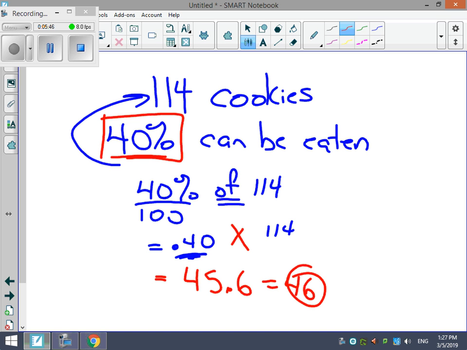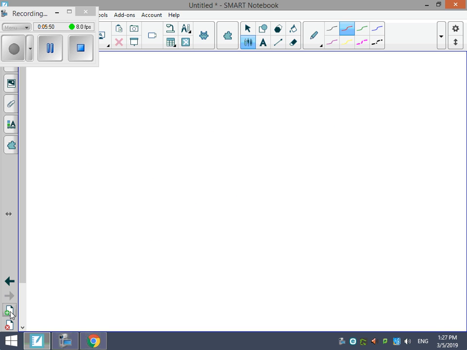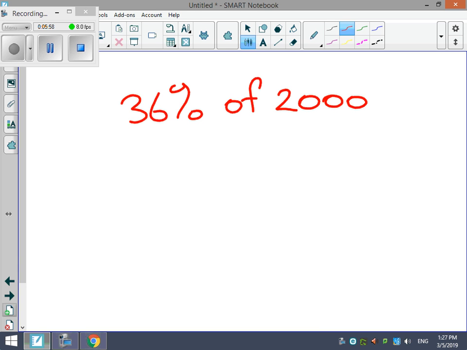All right, I'll do one more example, and then we will move on. If I wanted to know 36% of 2,000, my first thing is to change this to a decimal. If you don't know how to do it, you do 36 divided by 100. 36 divided by 100, you could do in your head, you just move the decimal place 2 places to the left this time.